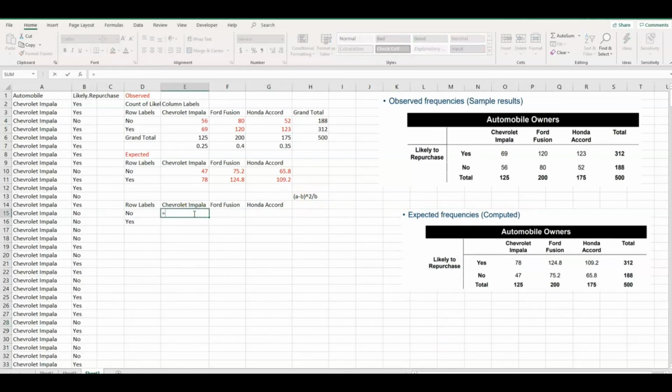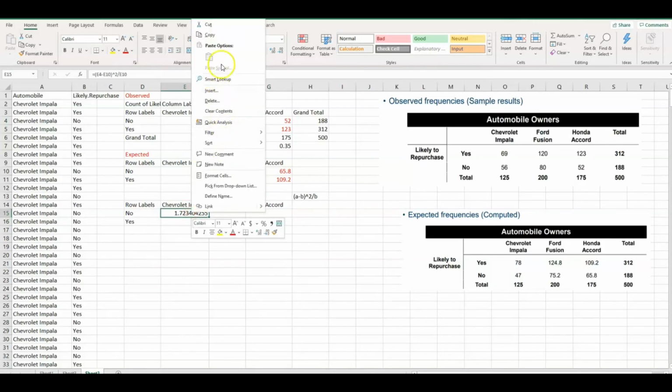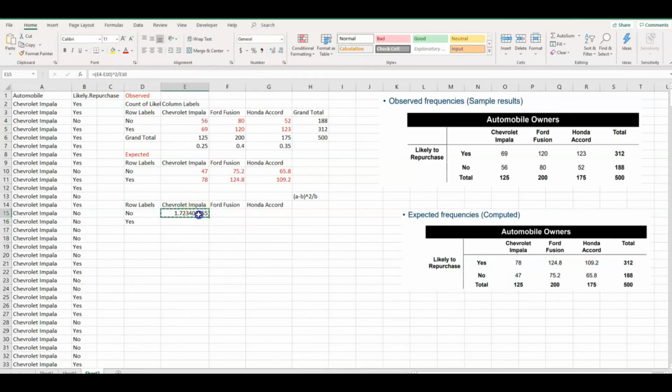So this is A, realized, minus expected, the power of 2, divided by expected. So let's copy and paste.